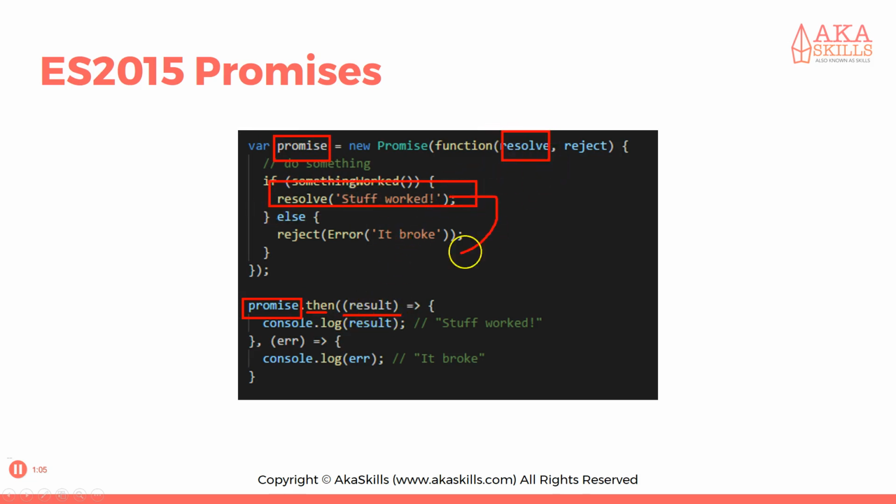So if I have a result, I will go inside the first parameter of then, which is if it's success, I'm going to receive a result that goes to an object, and I'm going to say console.log and receive stuff worked. Stuff worked is coming from result, which is what is passed to resolve as a property. Another option is to say comma, error goes to, and I'm going to console.log error. And this will print it's broke, and this is coming from the reject.